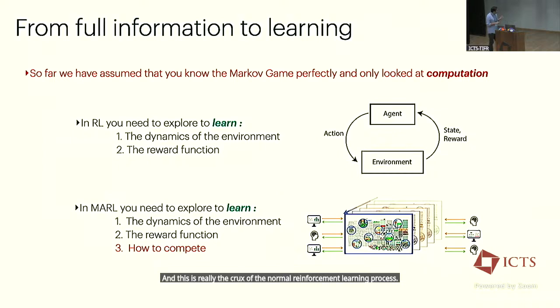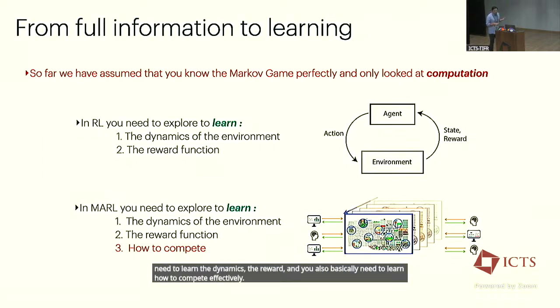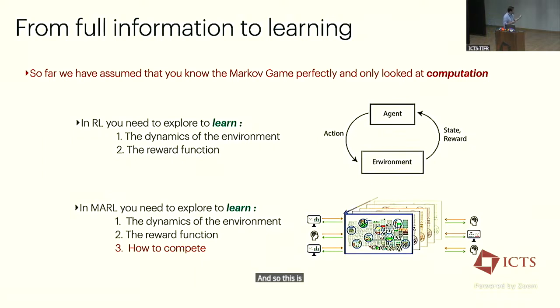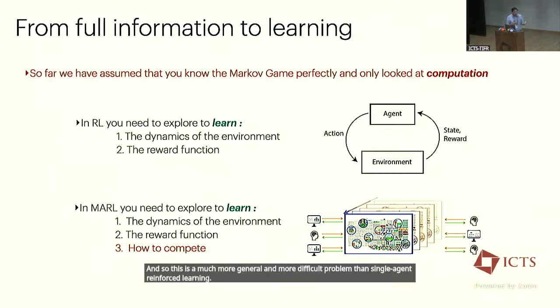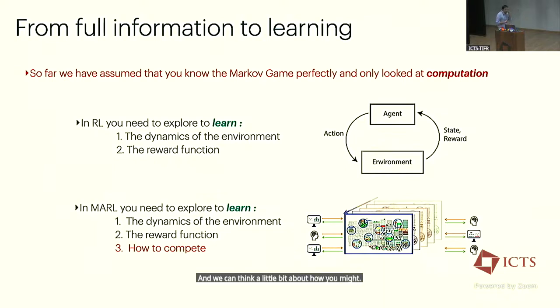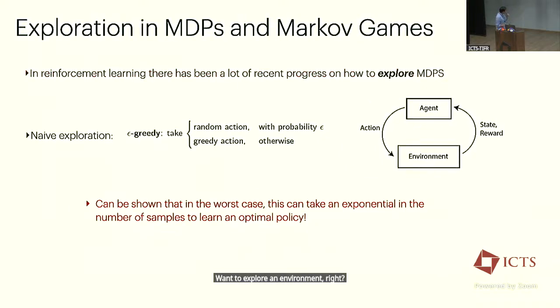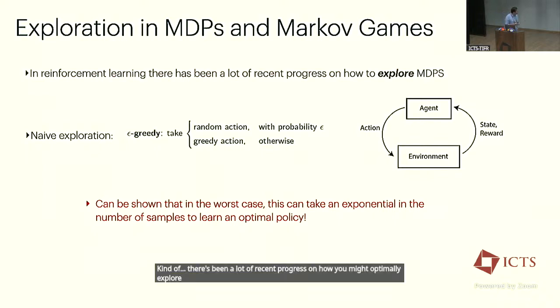In multi-agent reinforcement learning, you not only need to learn the dynamics and the reward, you also need to learn how to compete effectively. So this is a much more general and more difficult problem than single-agent reinforcement learning. Let's think a little about how you might explore an environment. In reinforcement learning, there's been a lot of recent progress on how you might optimally explore a Markov decision process.